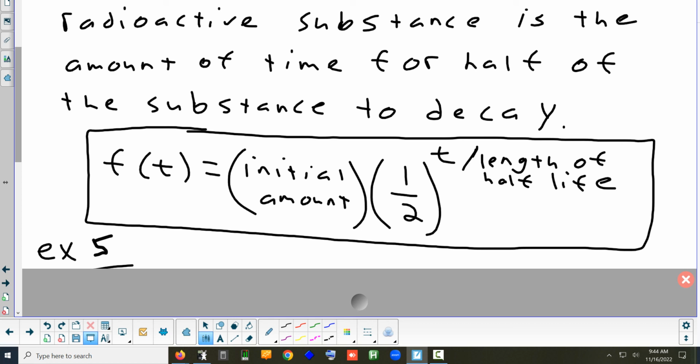So if you take a certain medication, like say 10 milligrams of something, it may have a half-life of 10 hours. So that means after 10 hours, half that medication that you took is out of your system. And after another 10 hours, half of that is out of your system. So that's another example where you might see something about half-life.